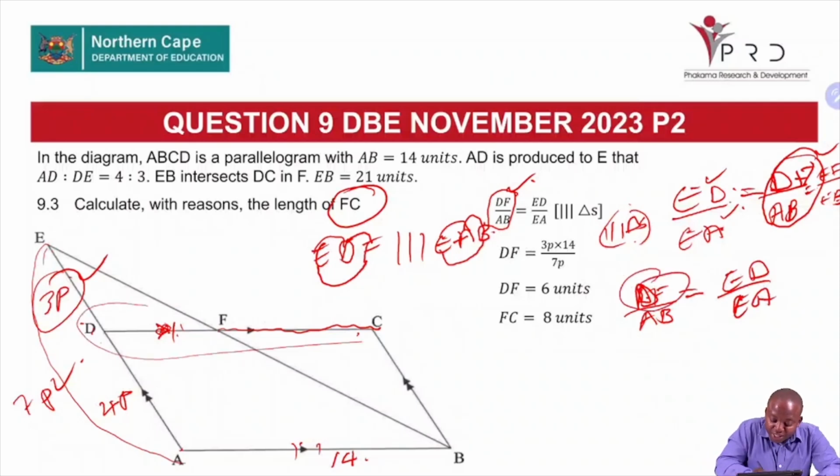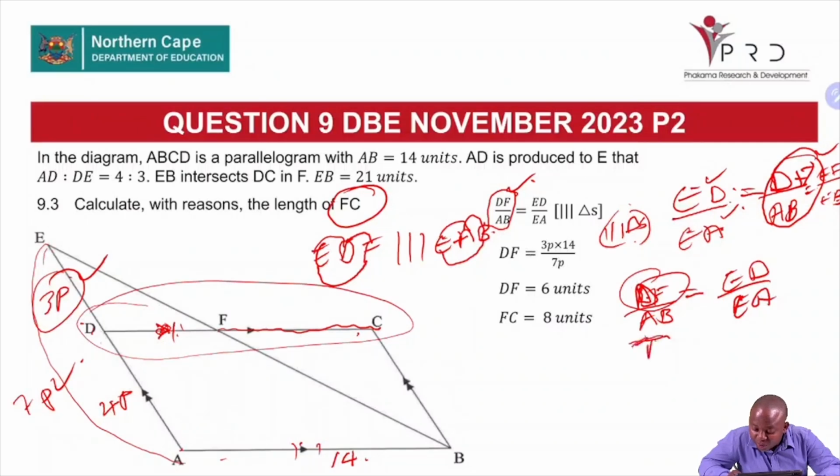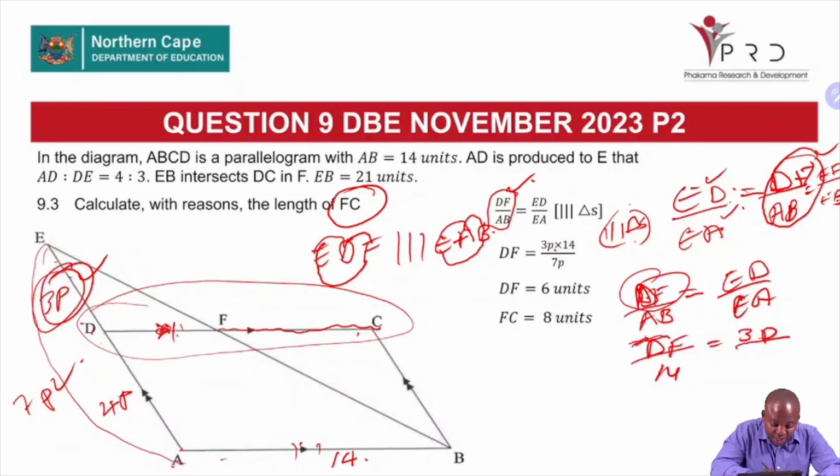Because I want to know what FC is, and we're doing that because DC and AB are equal. AB is 14, ED is 3P, and EA is 7P. So those are the two that we use there.